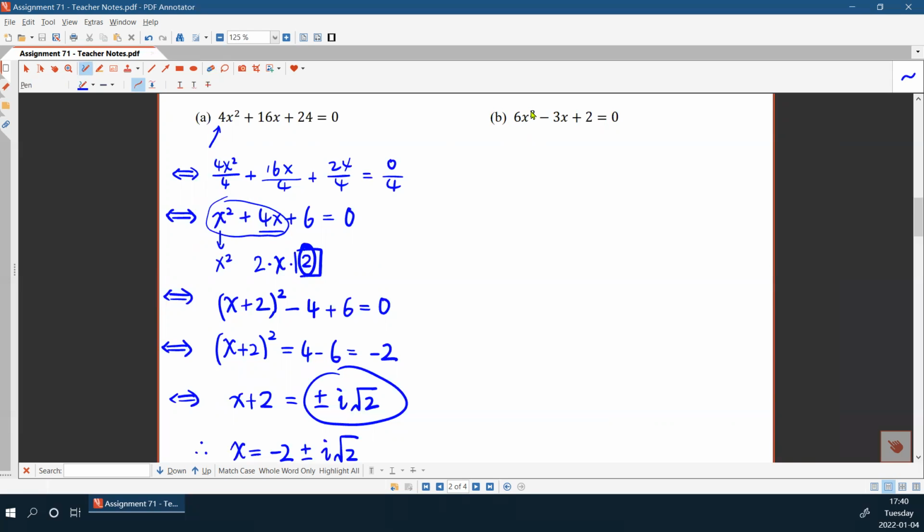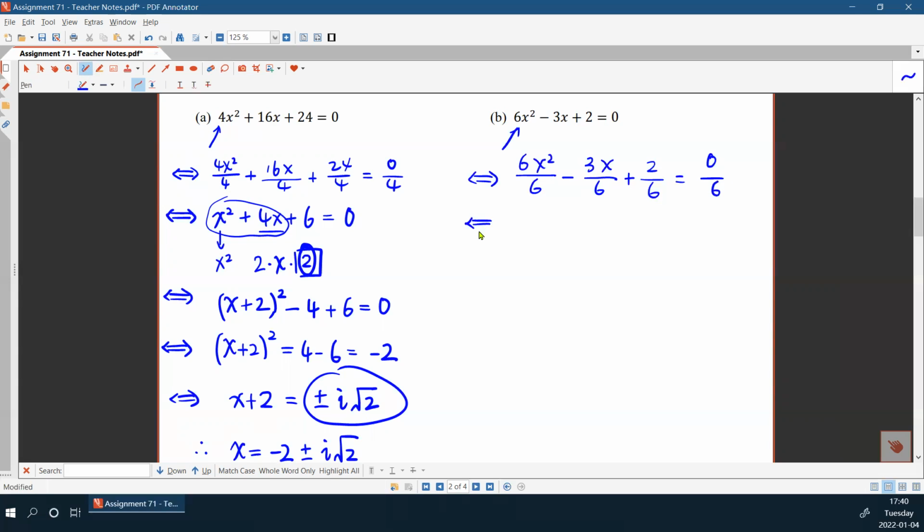Again, if you want to use completing the square, my suggestion is if the leading coefficient is not 1, you can divide both sides by the leading coefficient to make the question simpler. So we can divide both sides by the leading coefficient 6, right? That means 6x squared over 6 minus 3x over 6, then plus 2 over 6 equals 0 over 6, right?